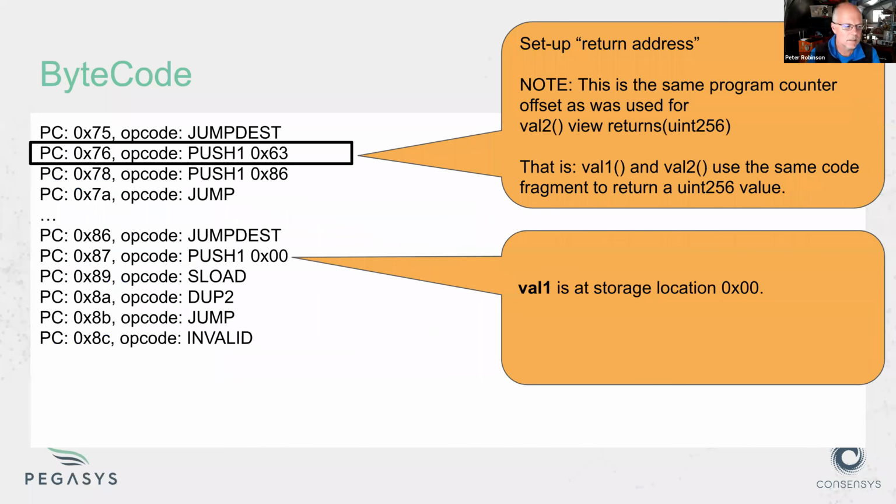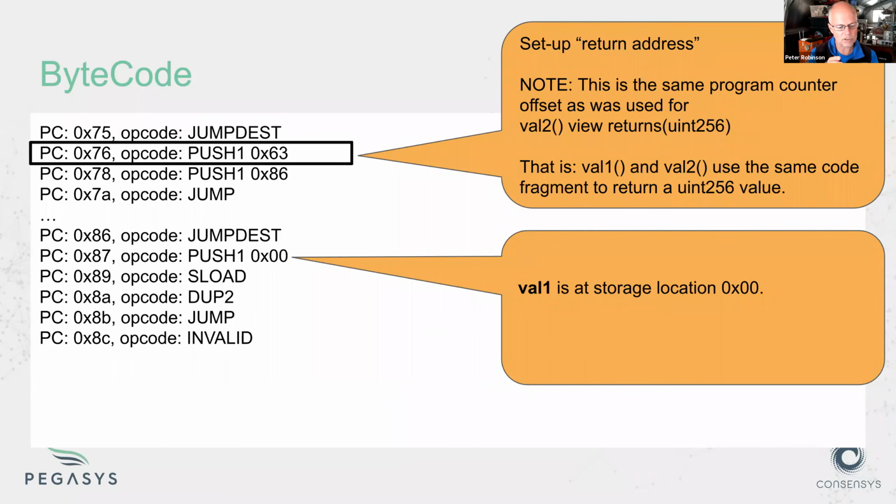Okay. So the first thing we're doing here is setting up the return address again. And something to note is the 0x63 is the same return address that we used for returning val2. So we're reusing the same code between two different functions, because all that piece of code was doing was saying, I've got a uint256 and I want to return it as the result.